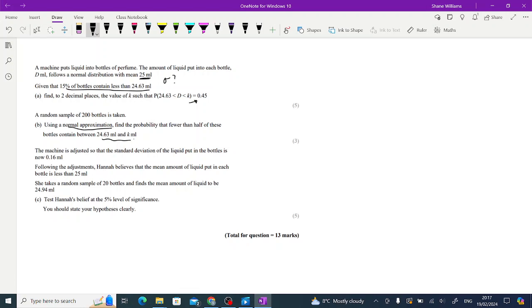Even if we get stuck on that, we can still carry on, and then when we look at part C, without even reading all the information, we can see we're doing a hypothesis test. So it's either going to be a normal hypothesis or a binomial one. Are we looking for the average from a sample or the number of successes from a sample? It looks like we're looking for the average from a sample. So this must be a normal hypothesis test.